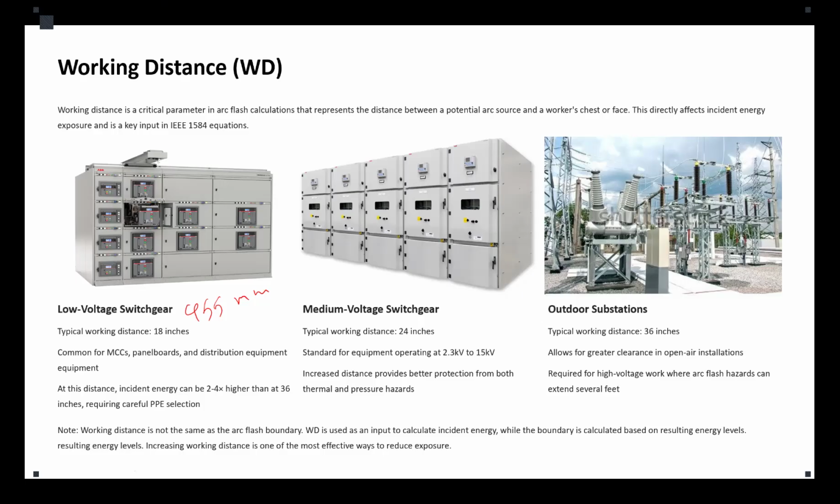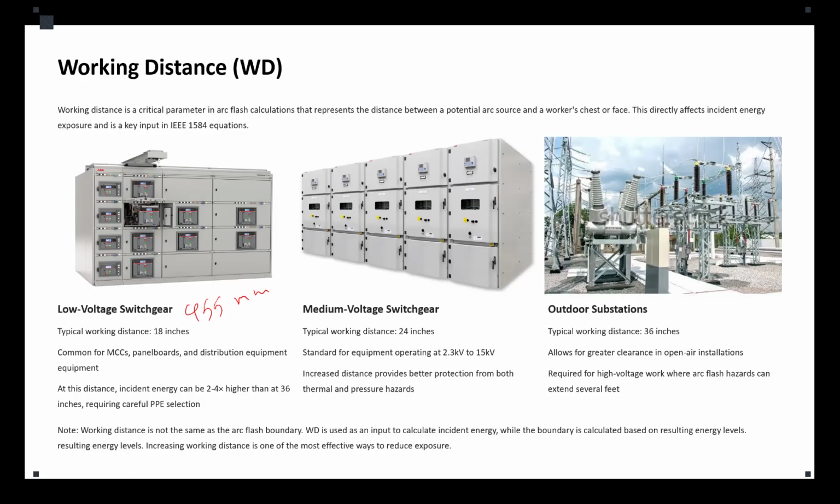At this distance, even moderate fault current can produce incident energy that exceeds 10 to 20 calories per square centimeter, which requires category 3 or 4 PPE. If the worker gets closer, for example 12 inches, the incident energy can double or triple.